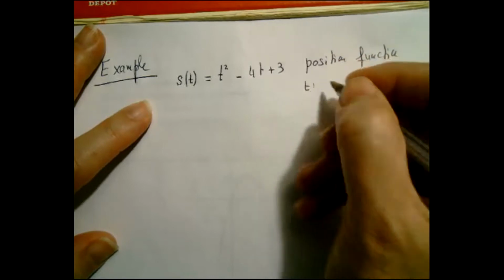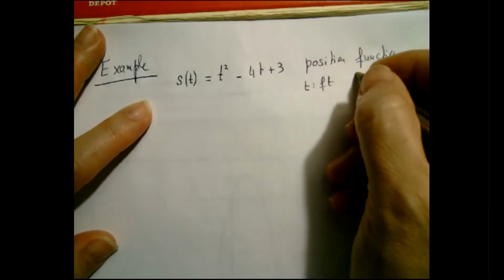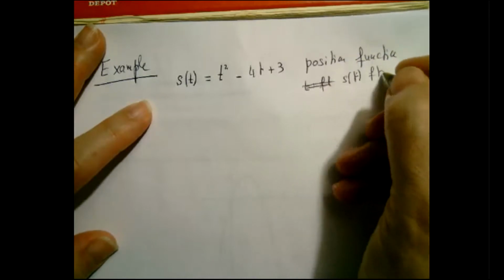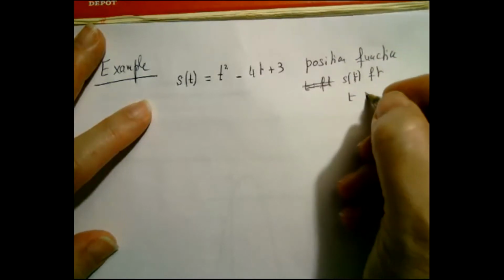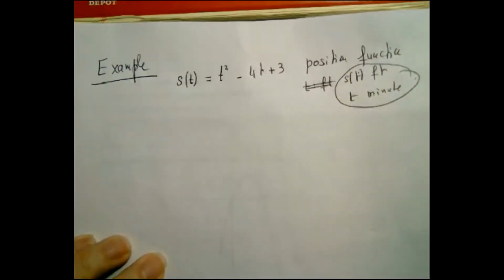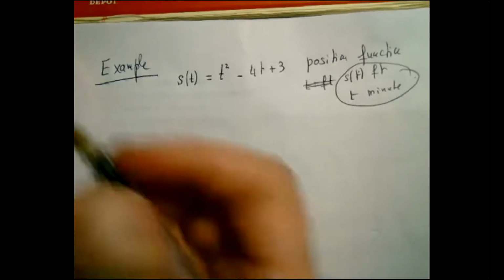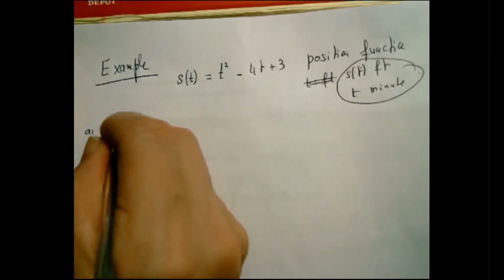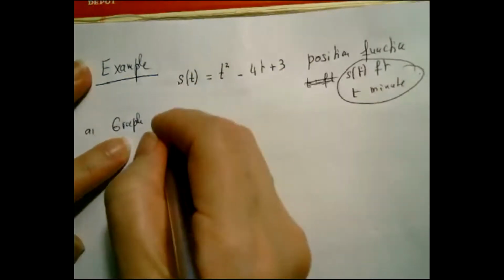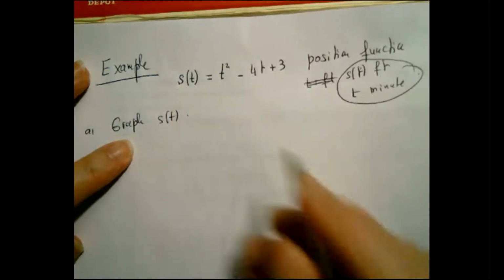S of t is in feet and t is in minutes. So first question, question number 1: graph the position function, S of t.